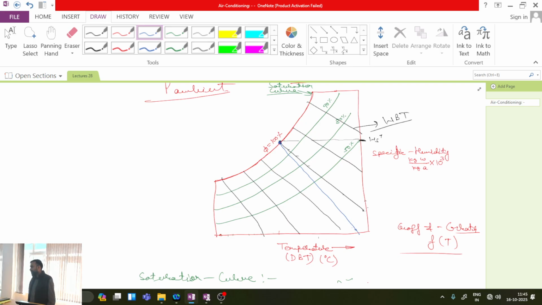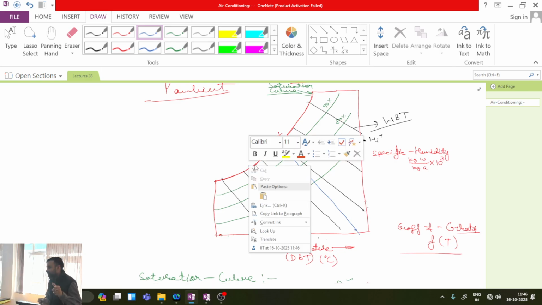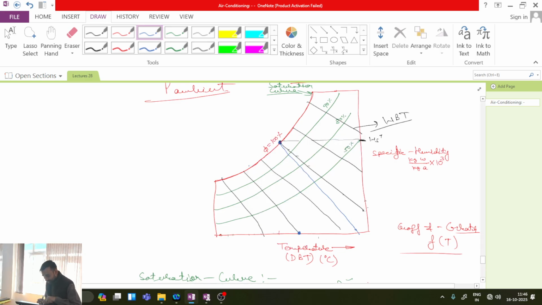Please tell me. This is important to understand, okay? And please also note that if you start from this point, then what will be happening? Assume that an enthalpy line is starting from this point, then your enthalpy must increase in the above direction, because here enthalpy will be less.